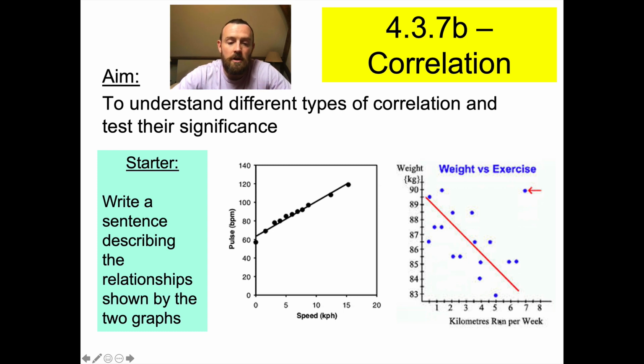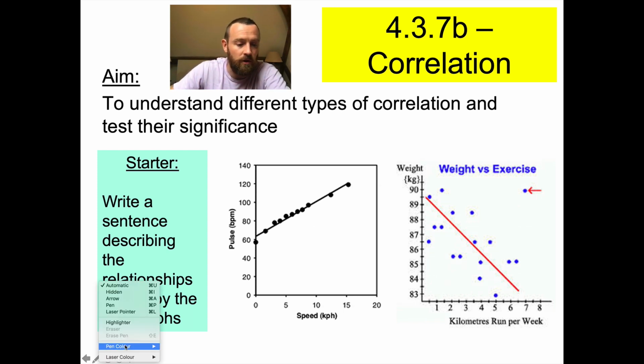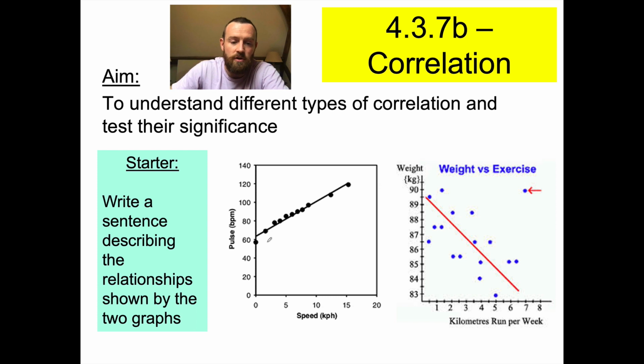Okay, so the graph on the left, you could have something like, that doesn't have to be exactly the same, but something like, as the speed of a runner increases, so does their pulse, for example. And then if you wanted to go into more detail, if this was an exam style answer and you were looking to get maximum marks, you could give some numbers.